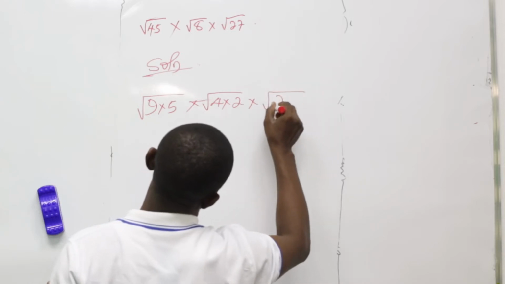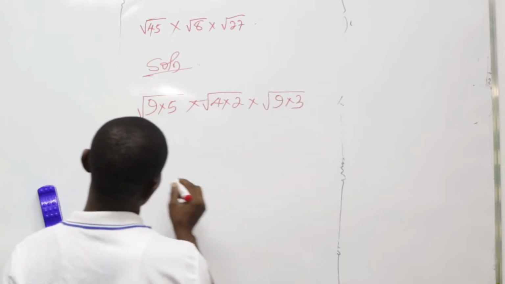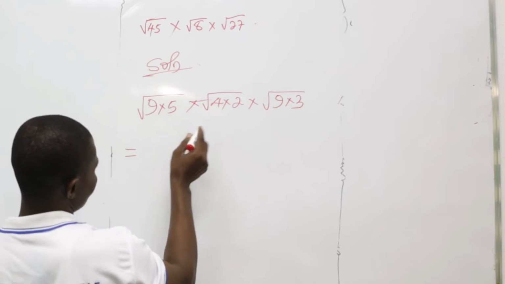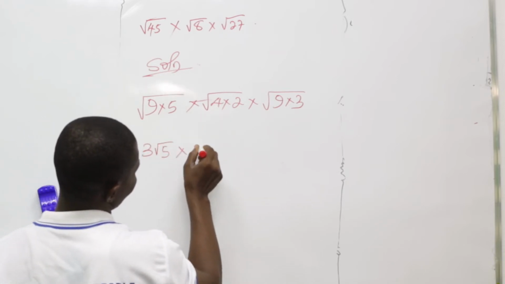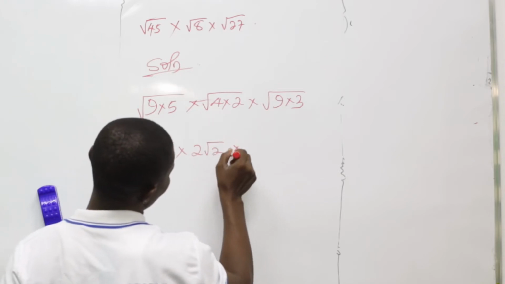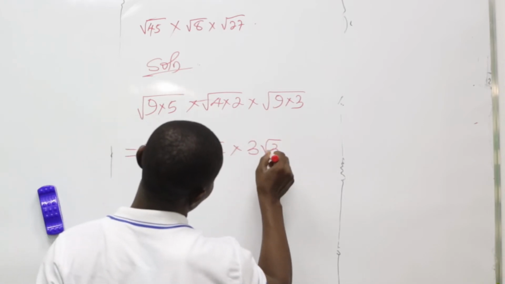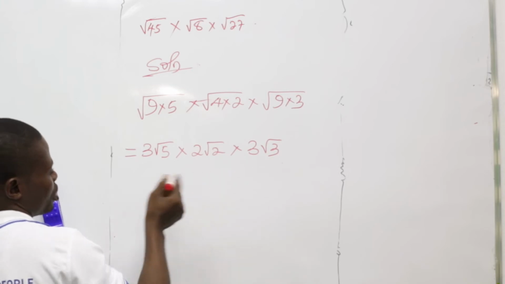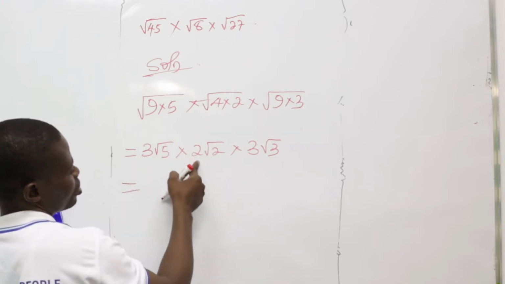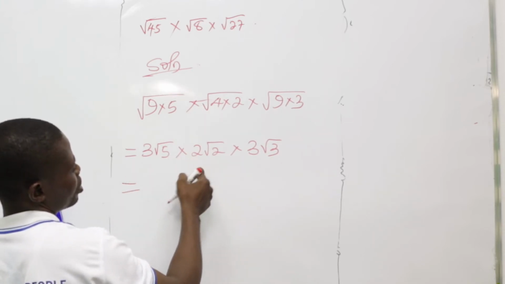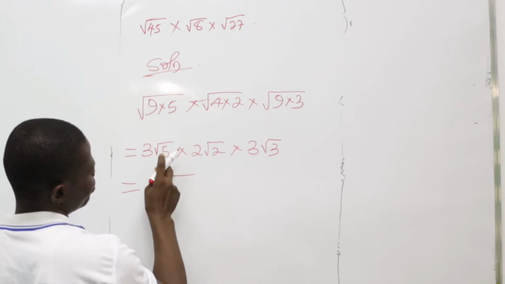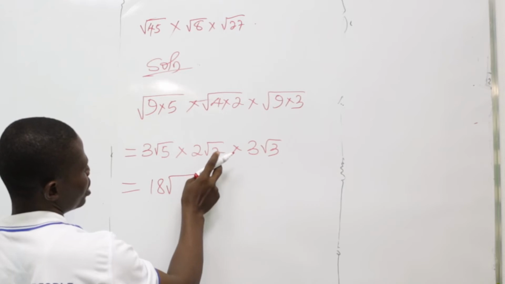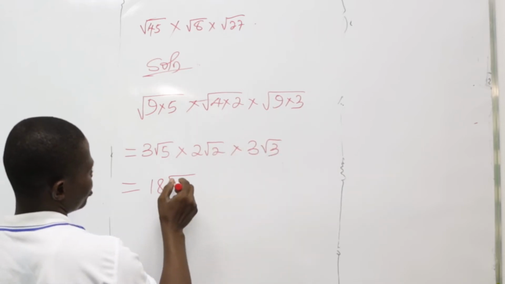Root 27 is 9 times 3. Getting their square roots, 3 root 5 multiplied by 2 root 2 multiplied by 3 root 3. Combination process: 3 times 2, 6. 6 times 3, 18. Root 5 times 2, root 10. Times root 3, root 30.